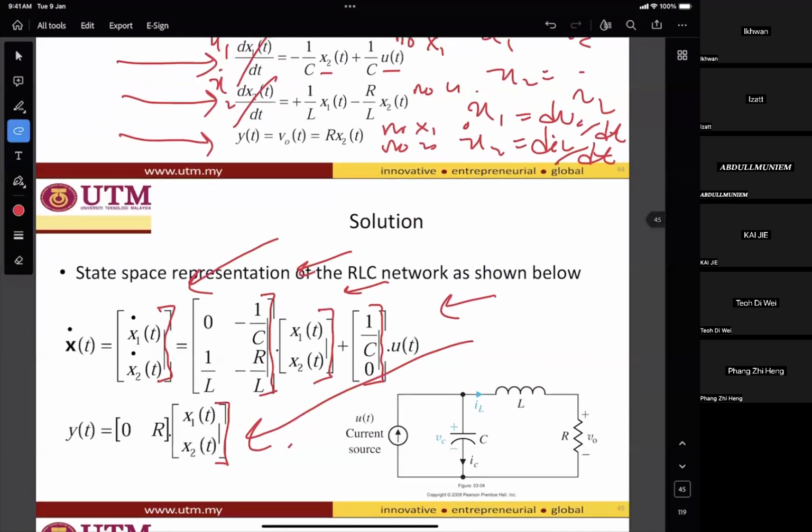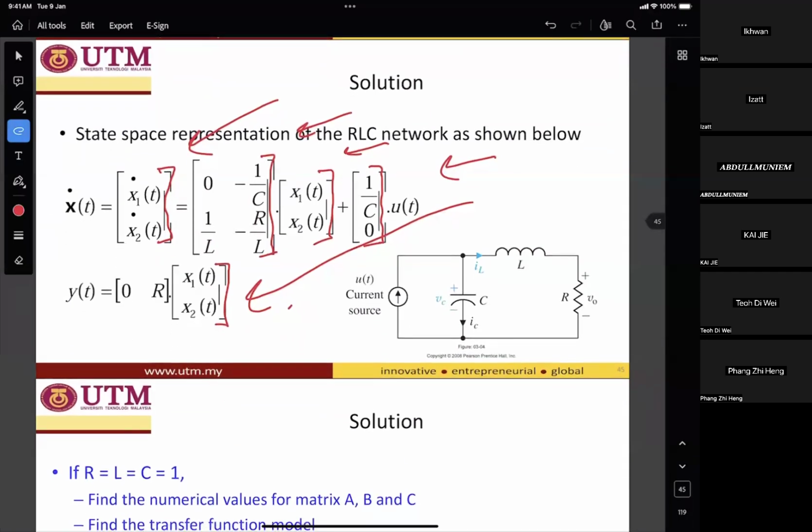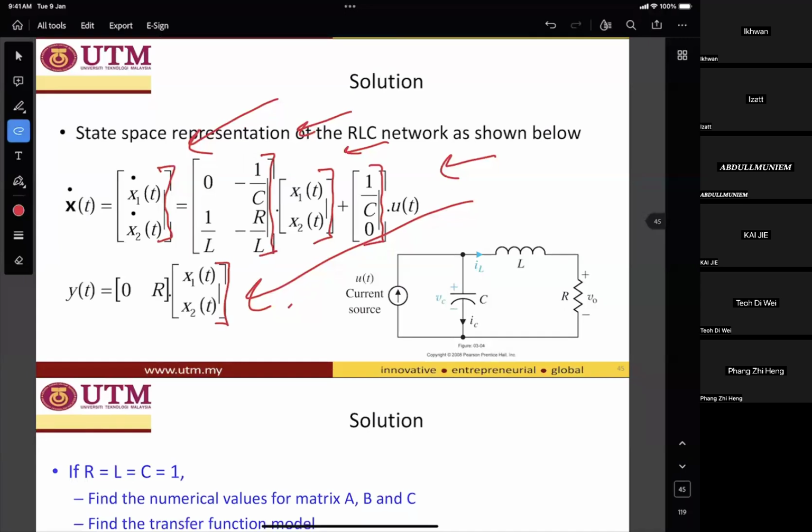Okay, x1 dot, x2 dot. So we have the state space representation for this particular circuit. So far, okay.